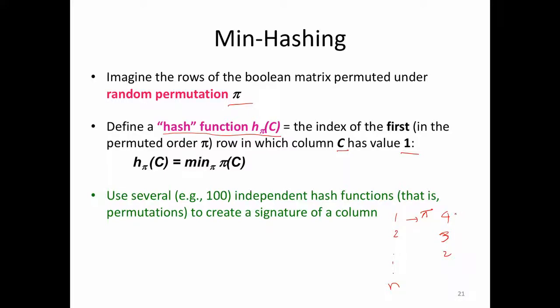Now we start from the top and find the first index for which the given column has a 1. Say 2 is the first index that we find; 4 and 3 both had 0. This is the first index where for the given column you had a 1. Then for that particular column c and that particular permutation pi, h pi of c is going to be this 2. That is the minimum of the permuted sequence such that you have a 1 in the original listing.